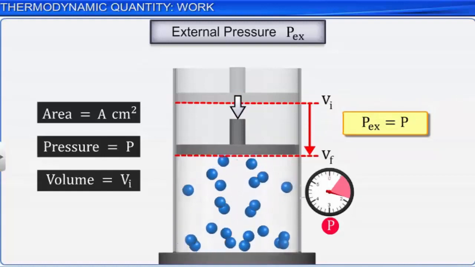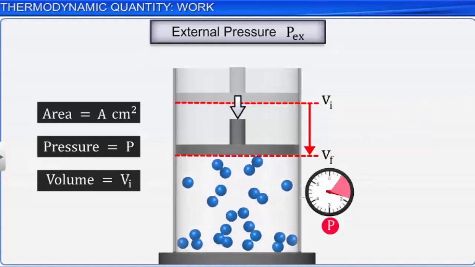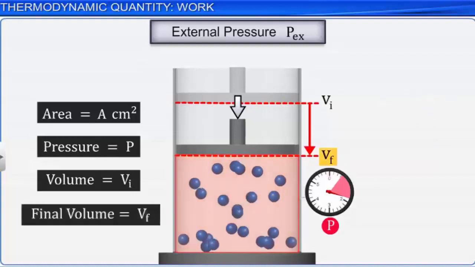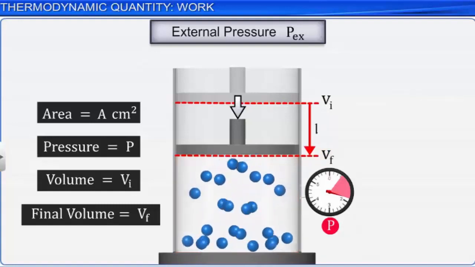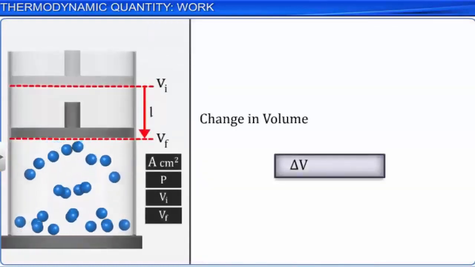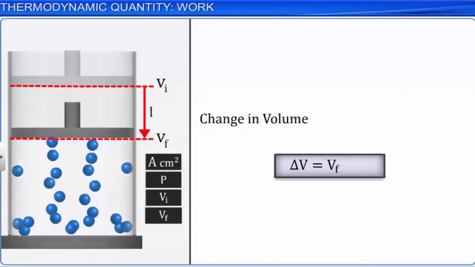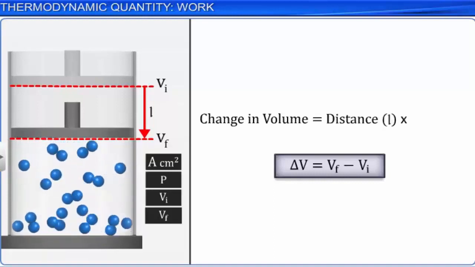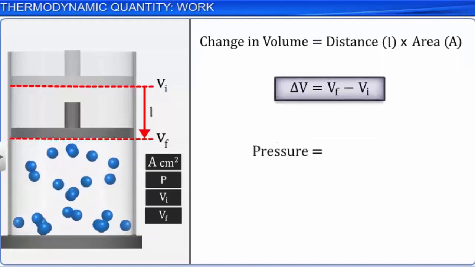Let this change be achieved in a single step. At this stage, the final volume of the system is represented by Vf, and the distance that the piston is moved is represented by L. Thus, the change in the volume, that is, final volume Vf minus initial volume Vi, is distance L multiplied by area A. We know that pressure equals force divided by area.